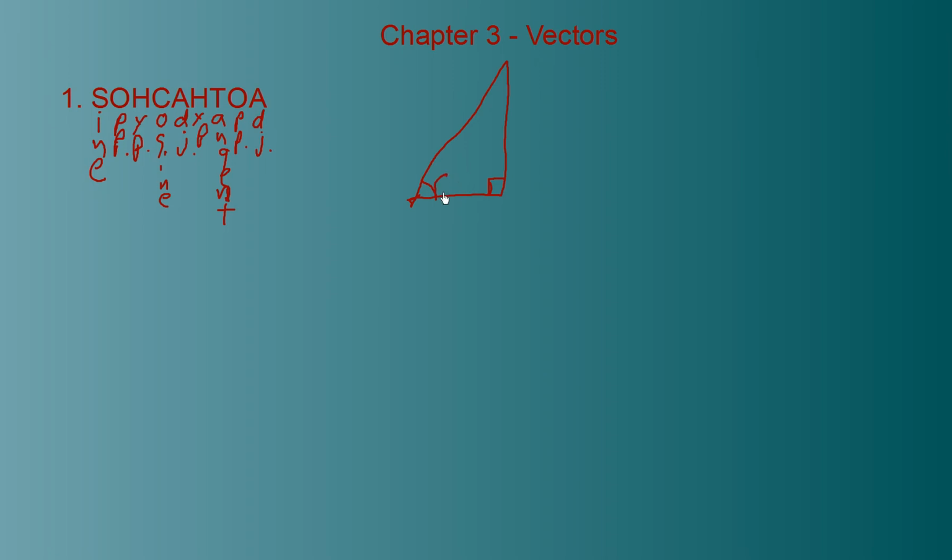Then we have side A, side B, and side C. Then sine of theta is going to equal opposite, which the opposite of theta is B, over the hypotenuse, which is the longest side, C. Cosine theta equals adjacent, which is A, over C. And tangent of theta equals opposite, B, over adjacent, A.